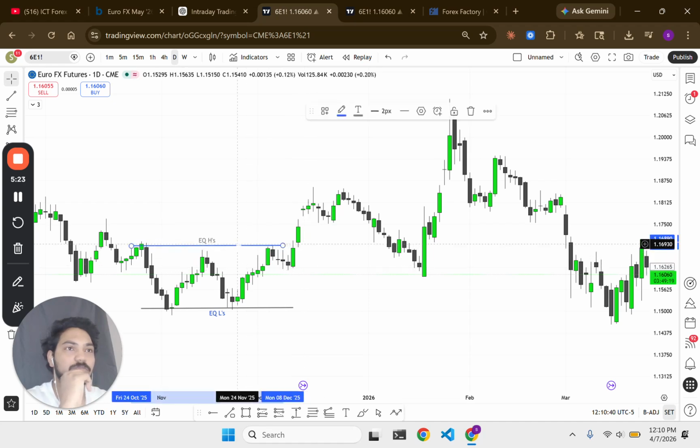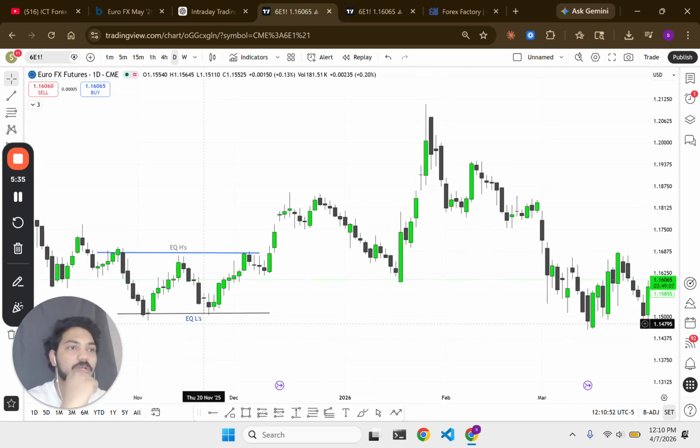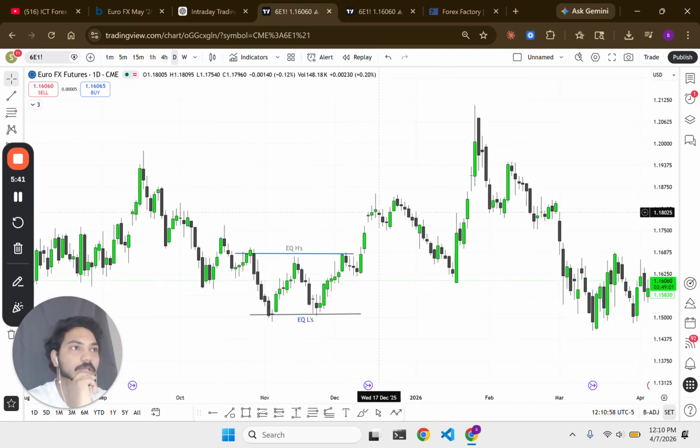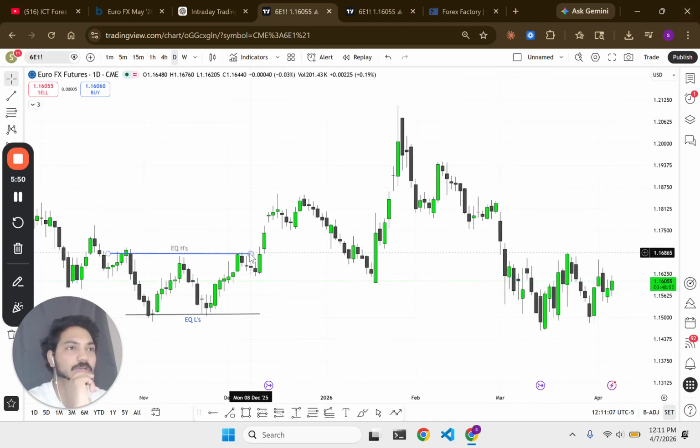Right, it's more like a range, and we can also consider this as well. We get like 3 points. This is in November and December 2025, and from here it looks like consolidation, and it broke these equal highs and went on to make a high here. Let's mark this one as well.